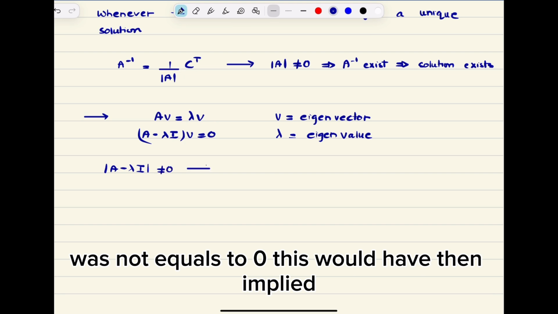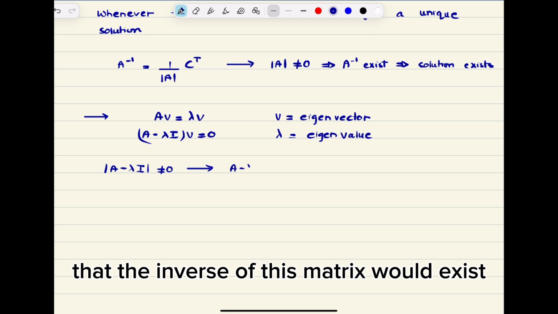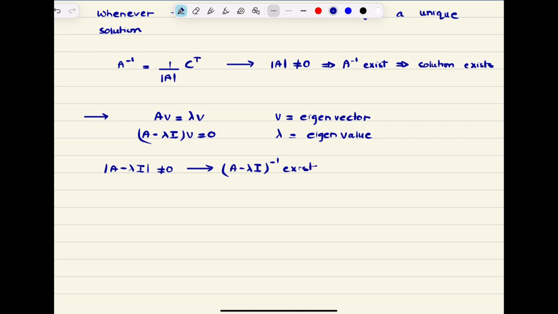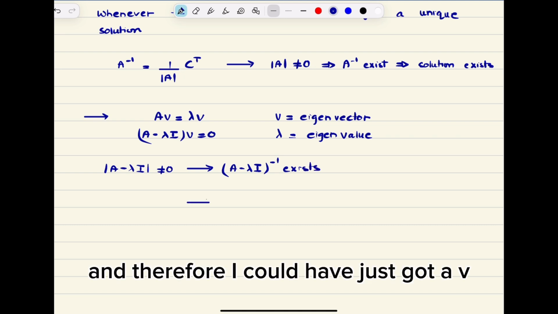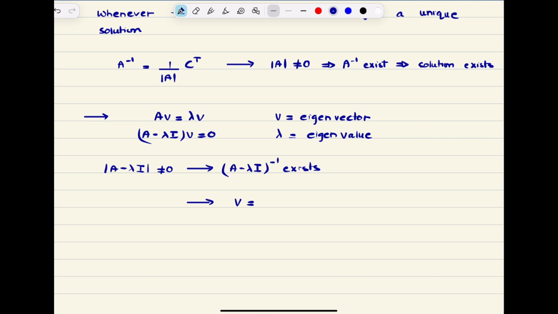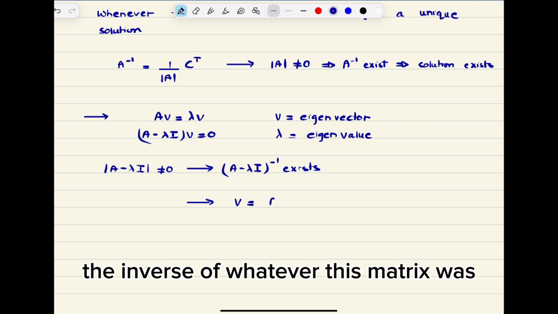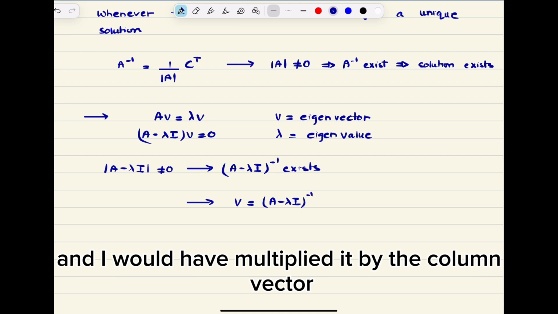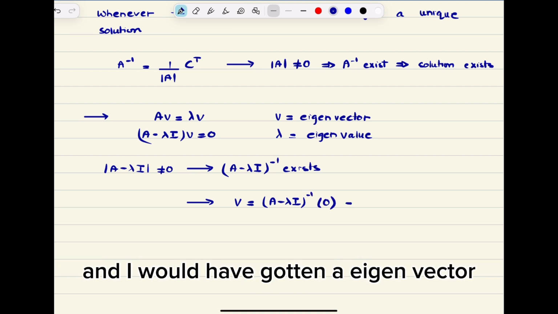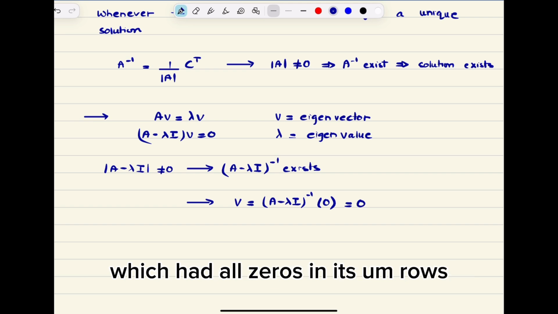This would then imply that the inverse of this matrix would exist, and I could just get a v which would be the inverse of whatever this matrix was, multiplied by the column vector which had all zeros in it, and I would have gotten an eigenvector which had all zeros in its rows.